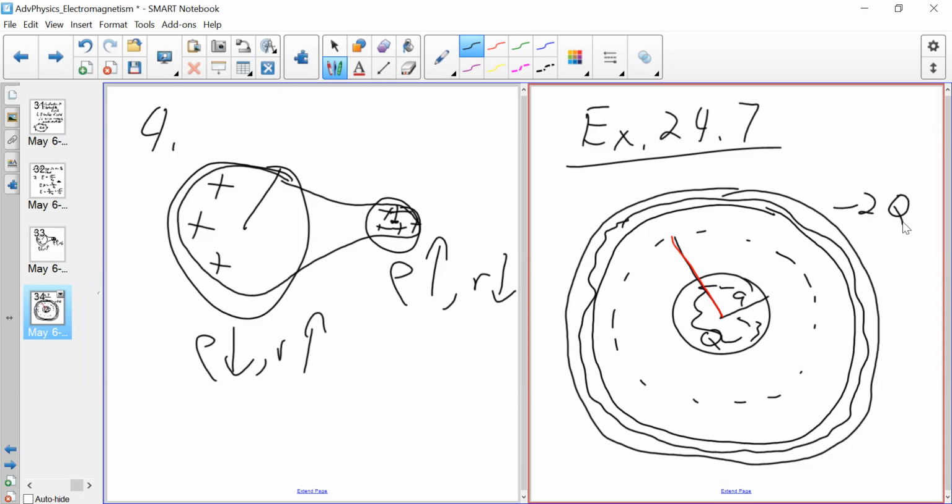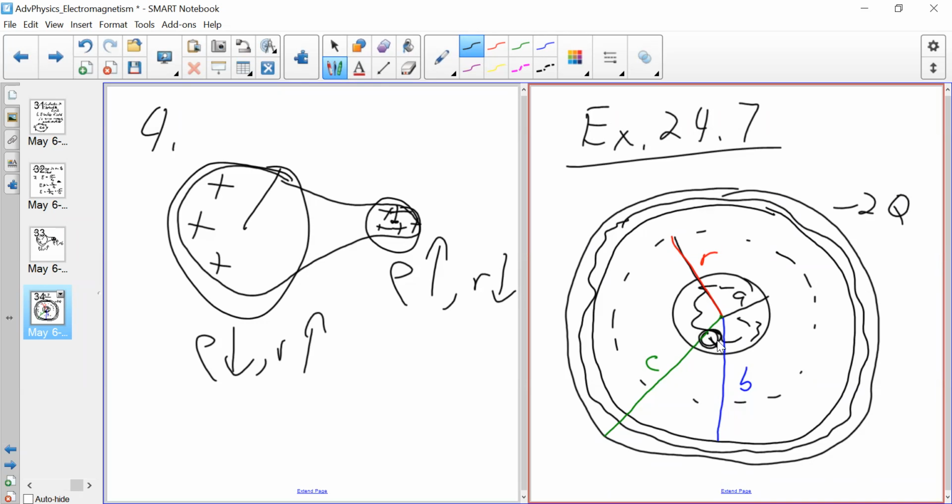This is negative 2Q. This will be radius C, going all the way to the extent of the shell, and this will be radius B at the inner part of the shell. So B, C, and R. And again, this is Q.